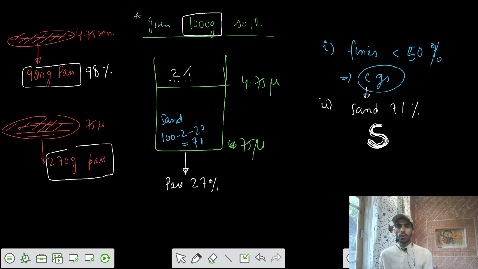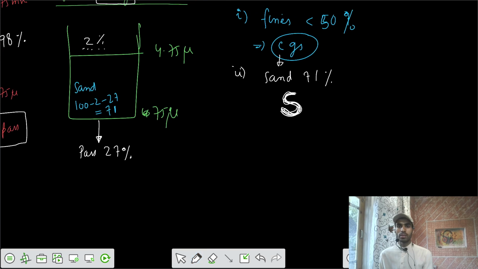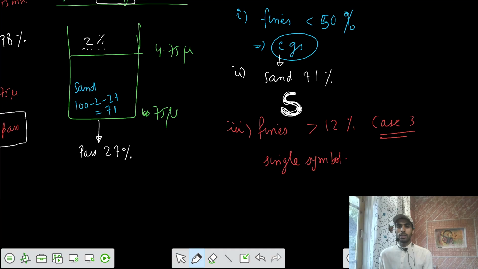Now we need to check the total percentage of fines. The fines are in the range greater than 12%, so it is case 3 of that condition. Case 3 says that we use a single symbol.